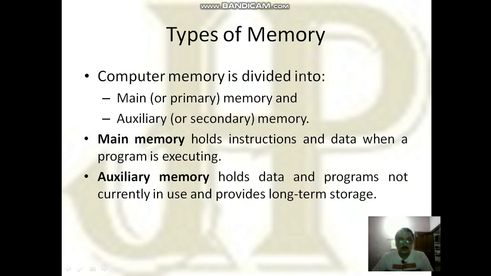So first of all, VLC player is loaded into primary memory, that is main memory, and after that the music starts executing with the help of computer. The second type of computer memory is auxiliary memory, that holds data and programs not currently in use.